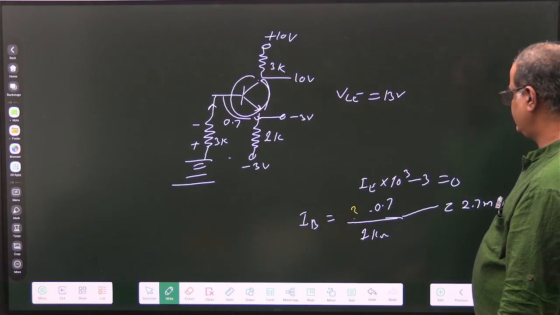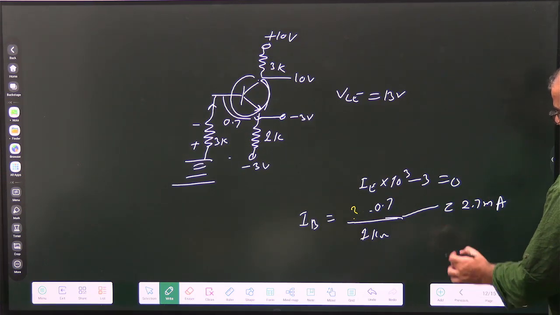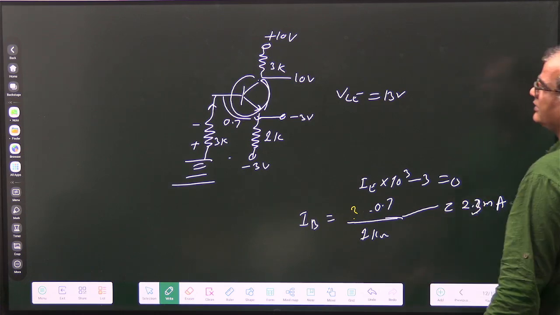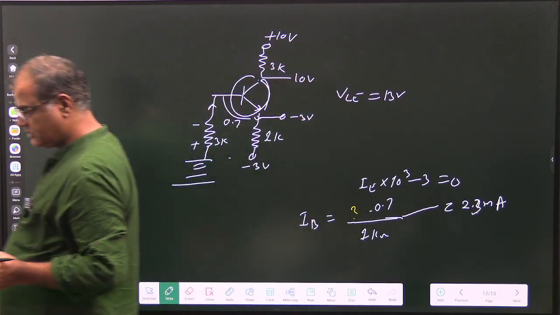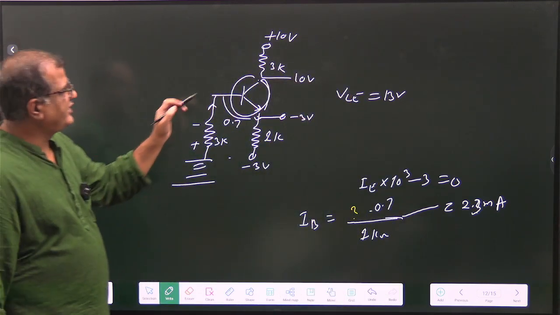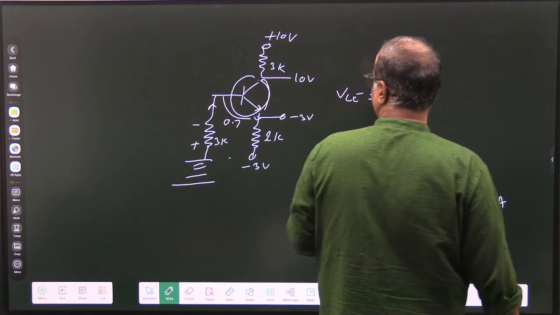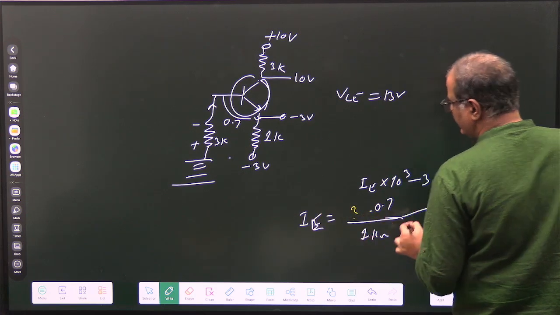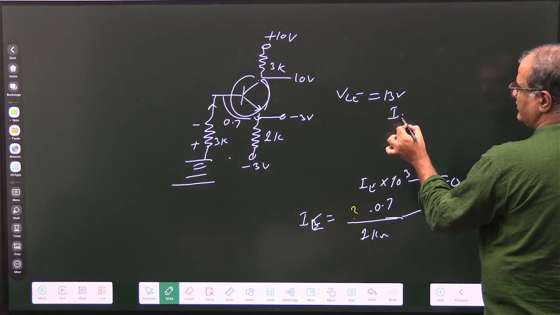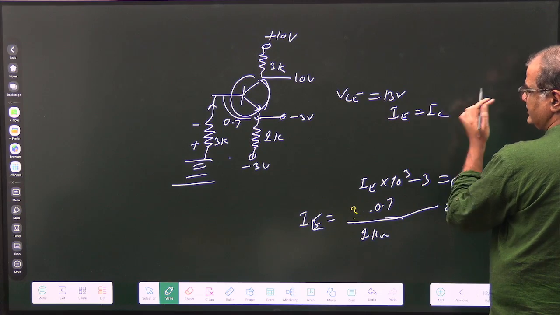Now, 2.3 milliampere. Okay. Now what is the voltage here? If 2.3 milliampere is flowing here, what is the voltage here? Now this will be IE. Okay. So IE equal to IC.